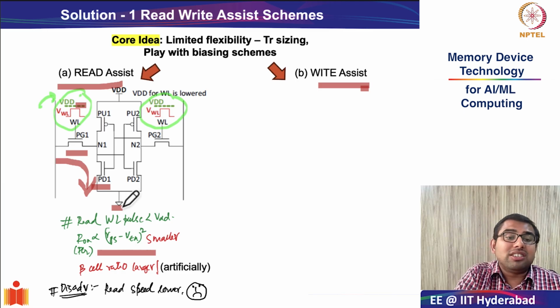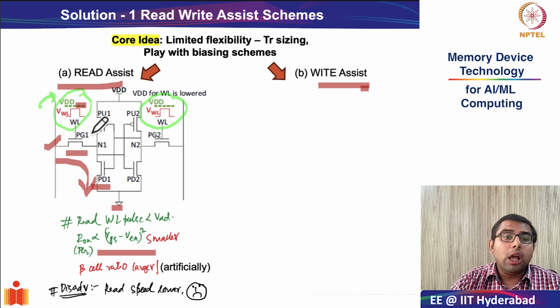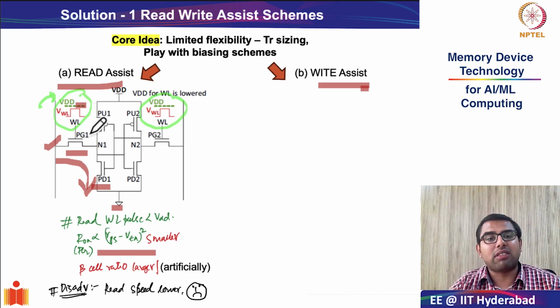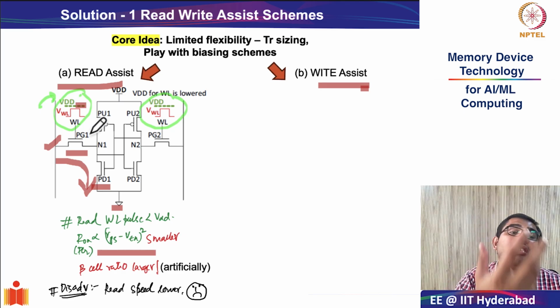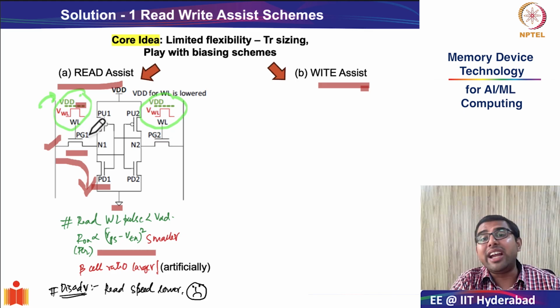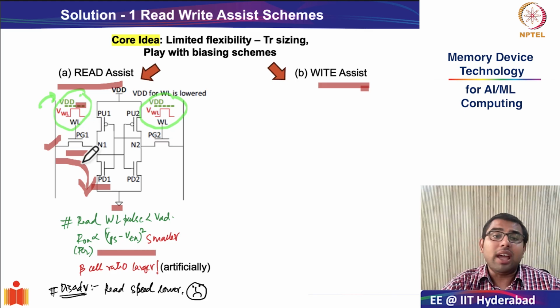Now remember, this read current will now encounter more on state resistance from the pass gate transistor because you have reduced the gate voltage, and as a result the parasitic path through the pass gate transistor will increase, and this will result in lower read speeds. Okay, so this is what you have to deal with when you try to artificially increase the cell ratio by biasing schemes. Next, we move on to the write assist scheme.